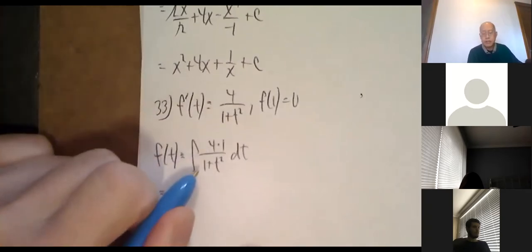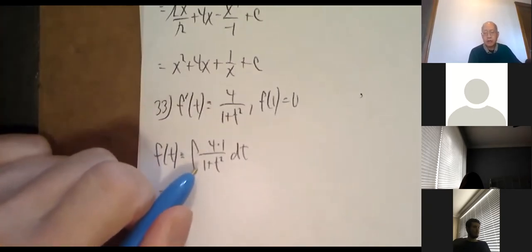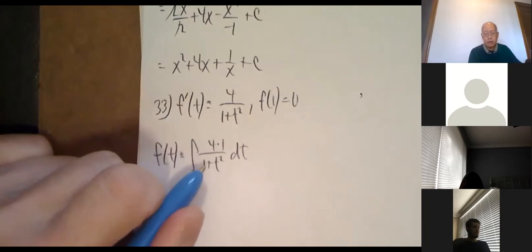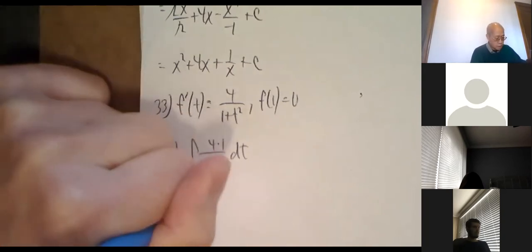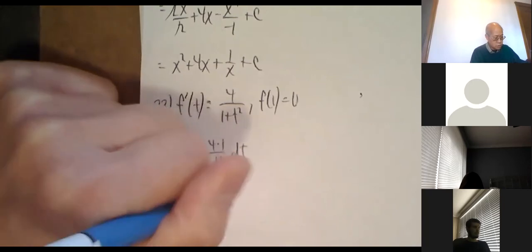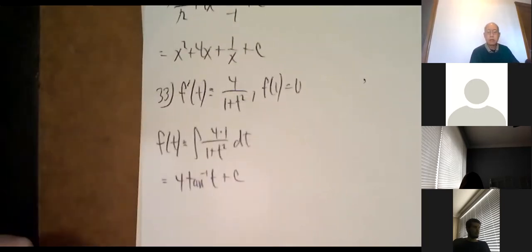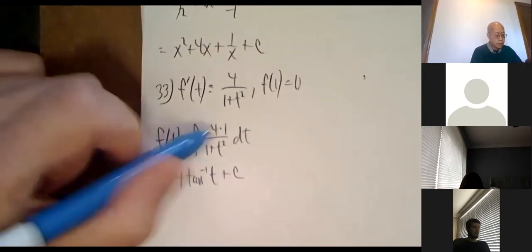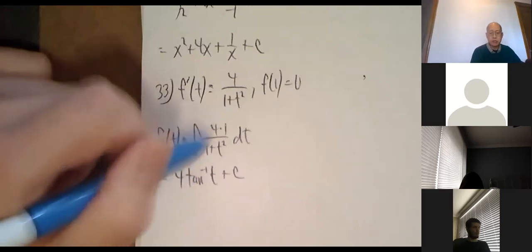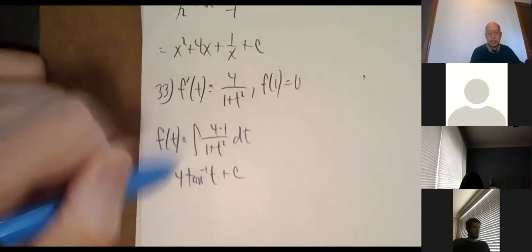What function has a derivative of 1 over 1 plus t squared? That was your arctangent. The derivative of arctangent of t is 1 over 1 plus t squared.